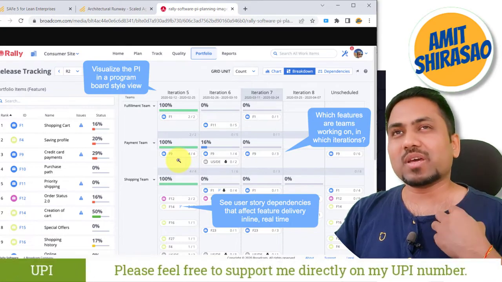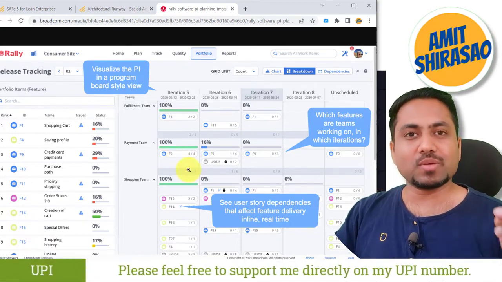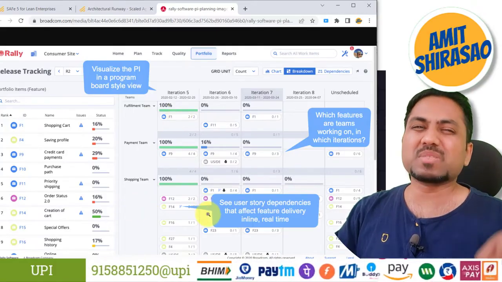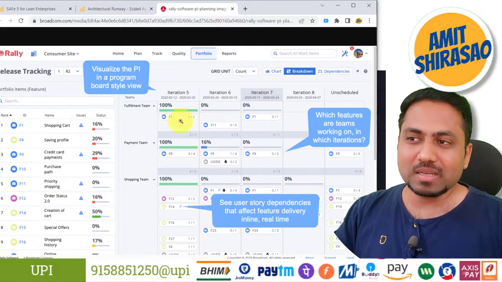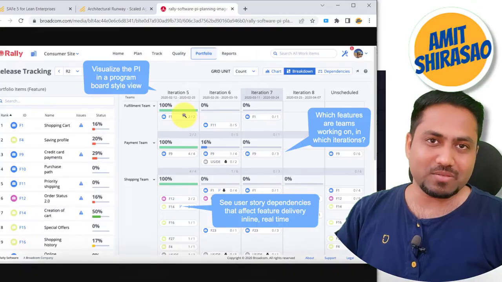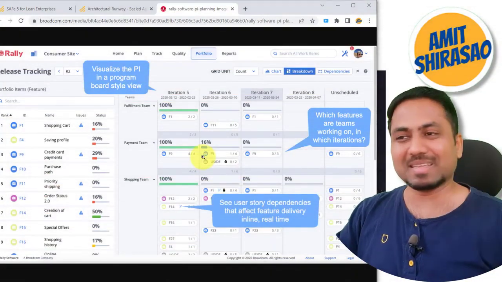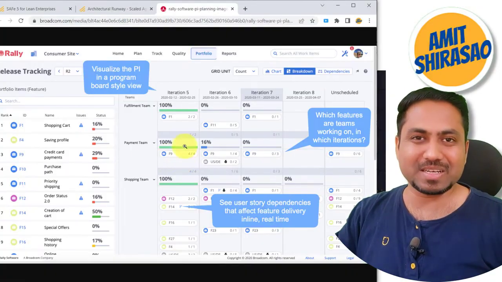Let us say the payments team does not have API capacity. The fulfillment team or shopping team probably has some surplus API capacity in iteration 5, and the fulfillment team requires that API story to be done in this particular iteration only.